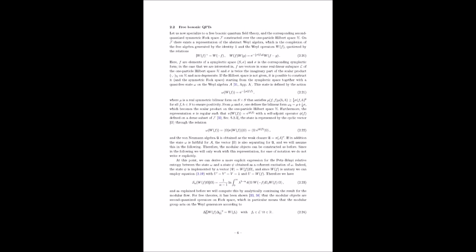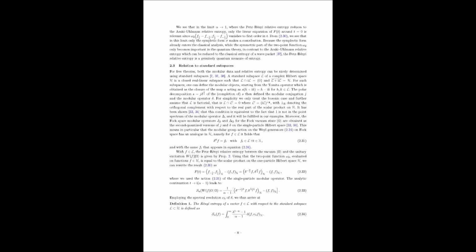But I understand they don't just stop at the calculations. They also discuss the physical implications of their results. You're absolutely right. They highlight the consistency of their findings with previous results, which is always a good sign. For example, they show that their expression for the Petz-Rényi relative entropy reduces to the known result for the relative entropy when a certain parameter, alpha, approaches 1. So their theory encompasses the previous knowledge, but it also goes beyond it.